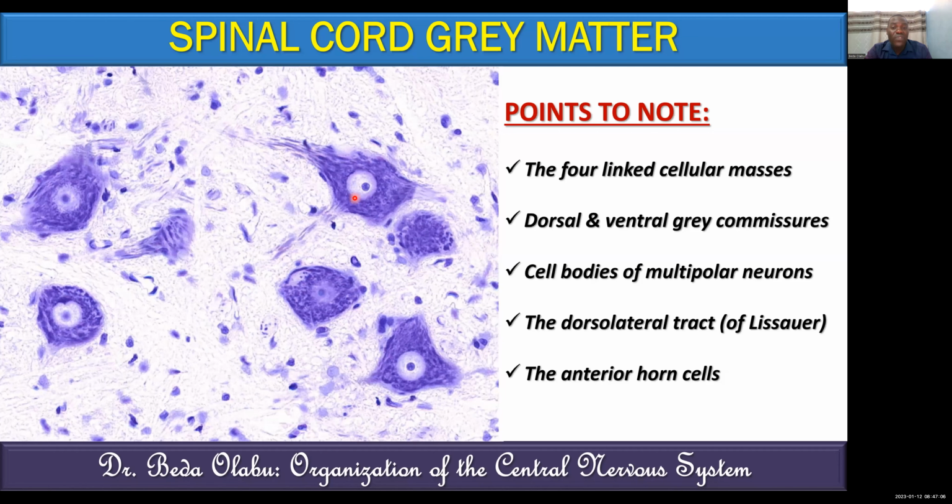So what do we see? These neurons have a very large nucleus that is lightly staining. What term do we use for lightly staining neurons or lightly staining nuclei? We say they are euchromatic, which means they contain euchromatin within them. So they are large euchromatic nuclei with prominent nucleolus.